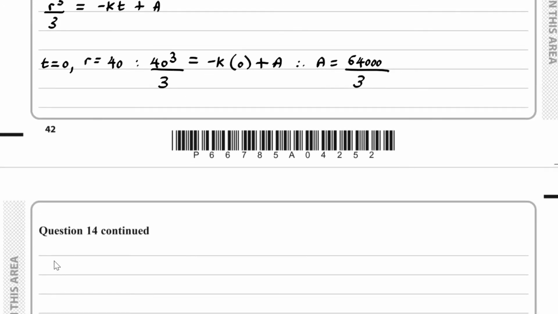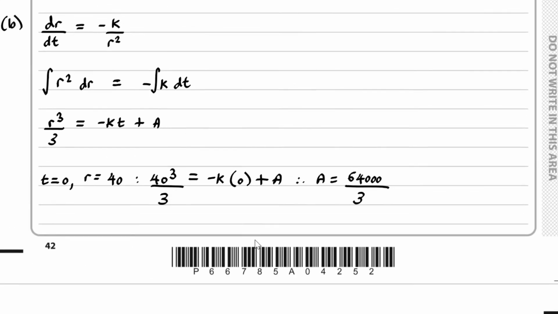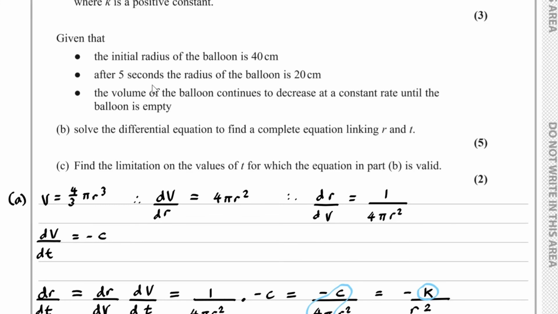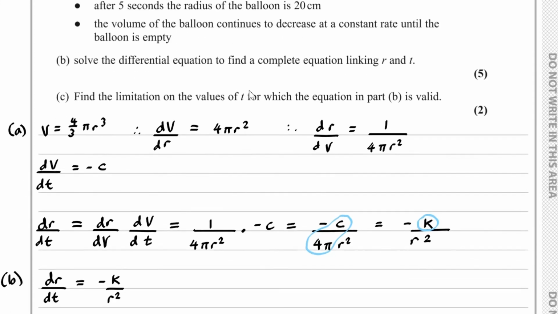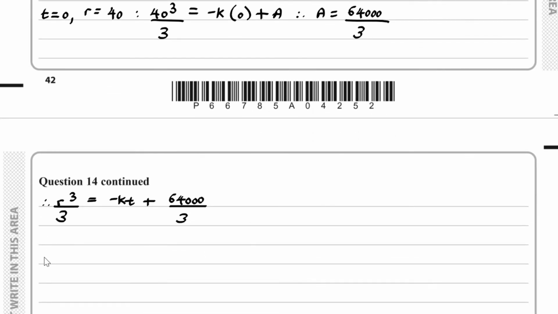Okay, so far we can see that r cubed over 3 is equal to minus kt plus 64,000 over 3. And we also know from the question, after 5 seconds, the radius of the balloon is 20 centimeters. So when t is equal to 5, the radius is equal to 20.